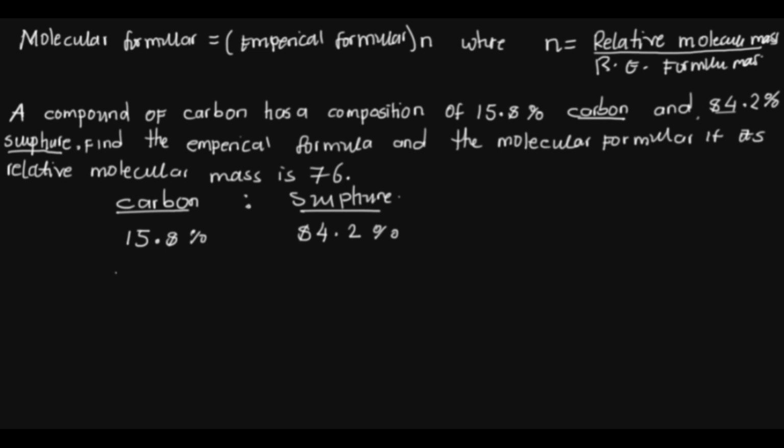After you've written the percentage for each element, we need to divide by its molar mass. The relative atomic mass for carbon is 12, so we divide by 12.